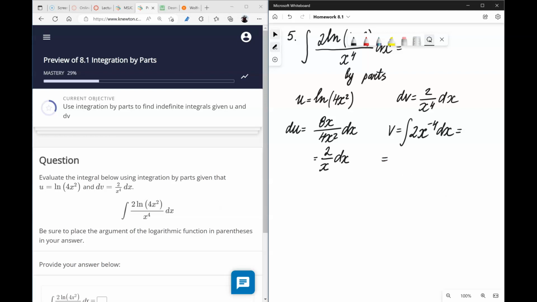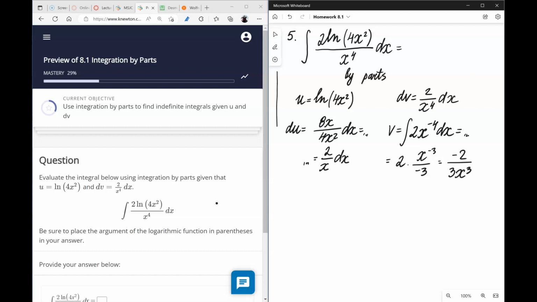So we have 2 x to the power -3 divided by -3 plus c, right? But we don't need that plus c, so we're not going to write that. Simplifying it, we get -2/3 x to the -3, or -2 over 3x cubed. So I guess we have to pick which one we like more, and let's just stick with this one.